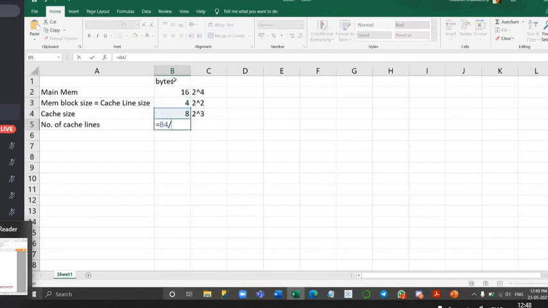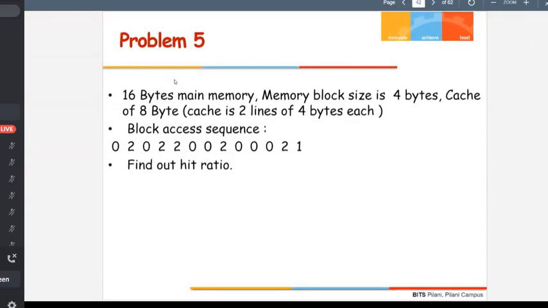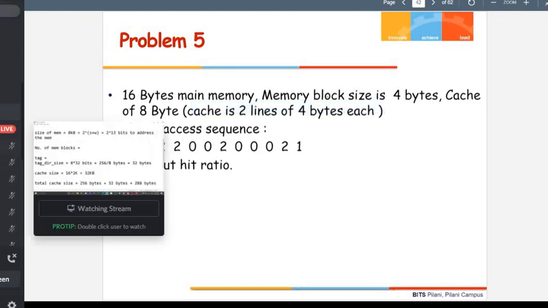So you have 8 divided by 4, which gives two cache lines, which can be seen here as well. The cache is 2 lines of 4 bytes each, with cache line size equal to the memory block size.